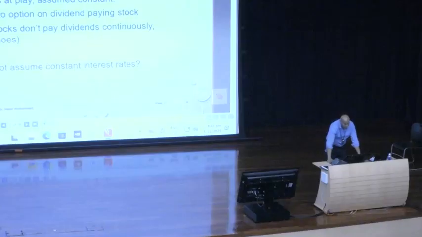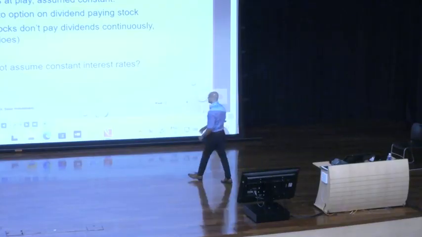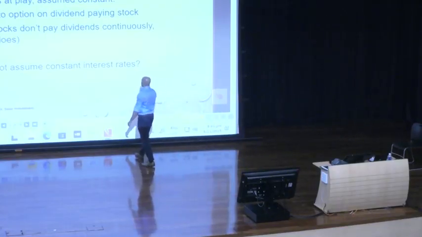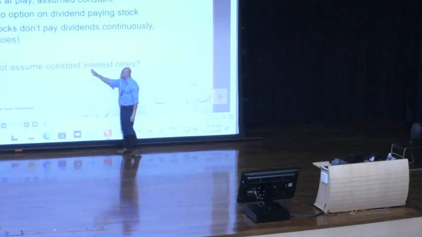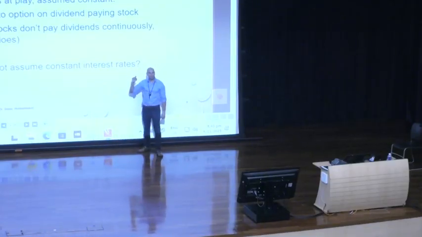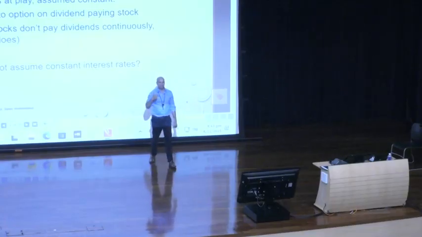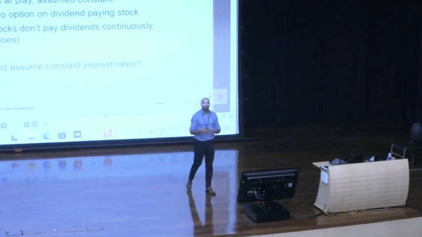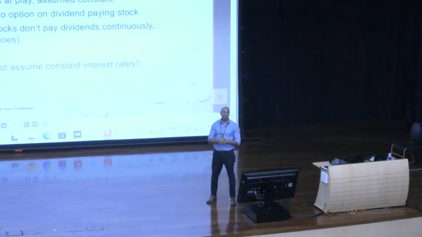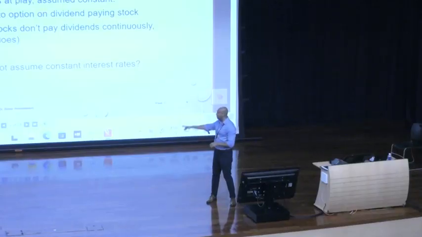Okay. Now here's a question, and this is kind of setting up for next week. So next week's the big session because we're going to start talking about stochastic interest rates. What if we can't, for whatever reason, don't want to assume constant interest rates? If we're worried about stochastic interest rates in an equity model, okay, if we're worried about interest rates being random when we're pricing stocks, we're double worried about it now because we've got two of them.